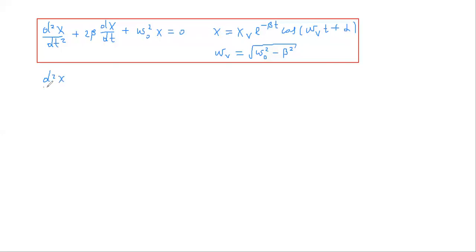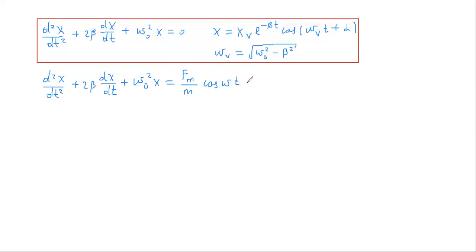Second derivative of coordinate by time plus 2 beta dx by dt plus omega 0 to the power of 2 x, and this is equal to fm divided by m cosine omega t.